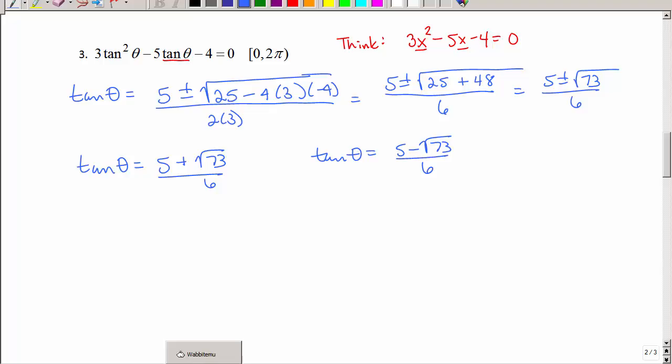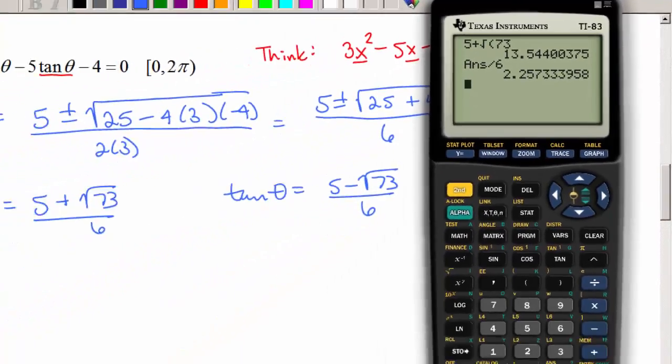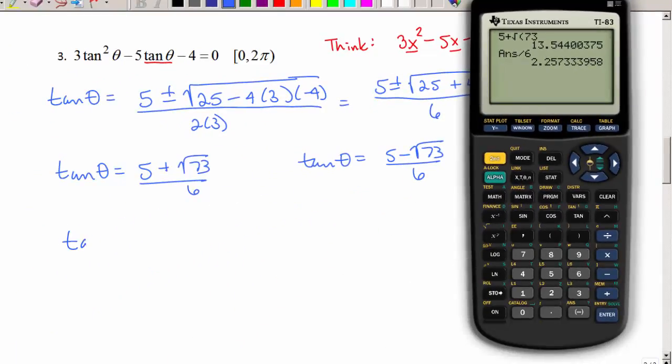So now I'm going to get out my calculator. I'm going to have 5 plus the square root of 73, and I'm going to go ahead and hit enter, and then I'm going to divide by 6. It's just a little bit safer that way. So I have the tangent of theta is approximately 2.257.